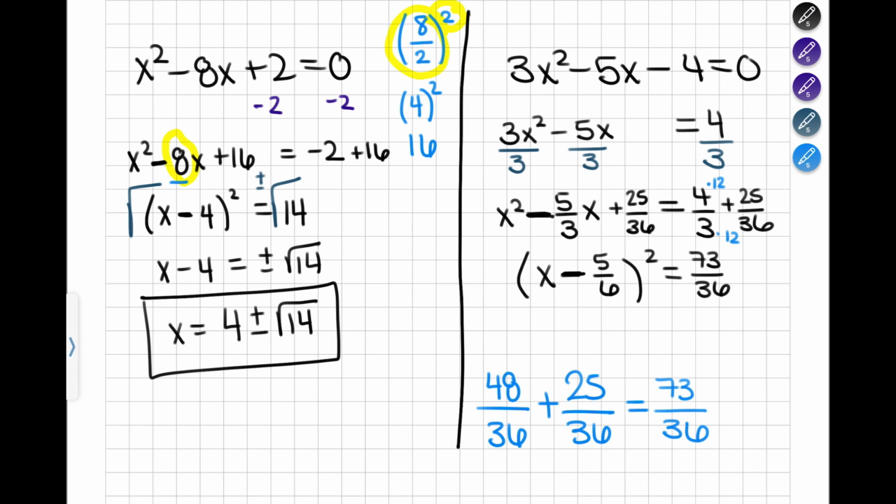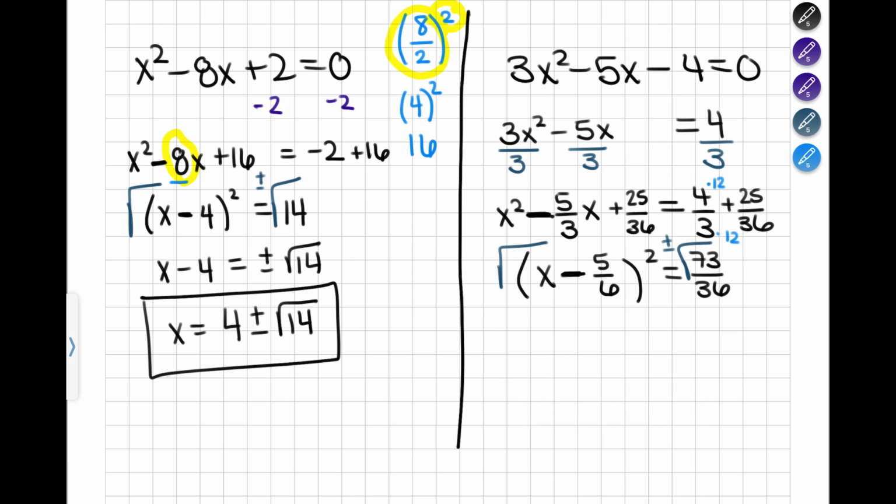And now we are ready to finish the problem by taking the square root of both sides. Don't forget that plus or minus. And then we can finish by solving for x. So let's see, x minus 5 over 6 equals plus or minus, and 73 is not a perfect square, so that's going to stay under the square root.